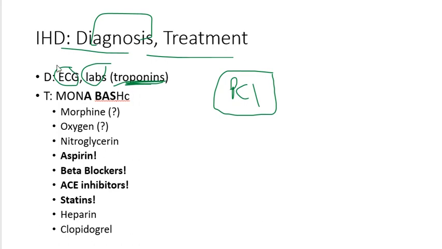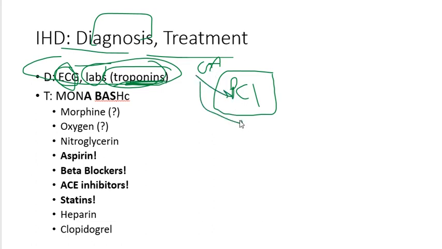So the changes you're looking for are changes on ECG or the release of troponins. That is the diagnosis. If you want to diagnose further than that, you would do a coronary angiography. And if you find there is indeed a stenosis, you would either do PCI or you would do a CABG.